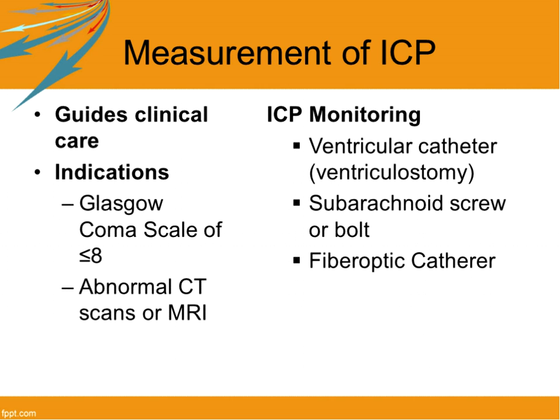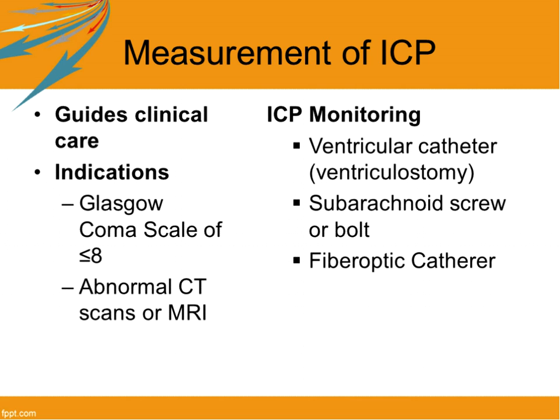Anybody who's admitted with a Glasgow Coma Scale of 8 or less, and with an abnormal CT scan or abnormal MRI, should be closely monitored. We're going to monitor in the hopes of detecting an increase in the intracranial pressure before we have brain damage. We can use an intraventricular catheter, a subarachnoid bolt, an epidural or subdural catheter, or fiber optics. I'm going to talk about them a little bit later on.